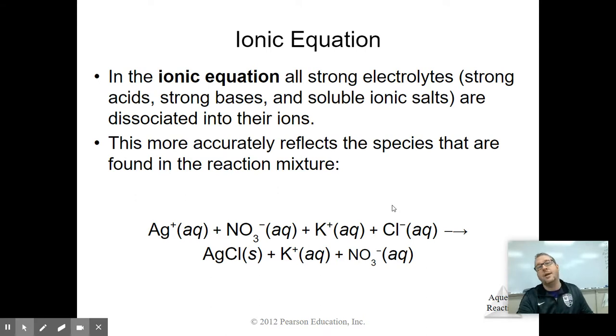We listed them. There are 8 strong bases. We listed them. And soluble ionic salts, we can use solubility guidelines. Precipitates, or the solids that are formed after a reaction, are not soluble ionic salts, so they cannot be dissociated. Anyway, what an ionic equation does, it more accurately reflects the species that are found in the reaction mixture.